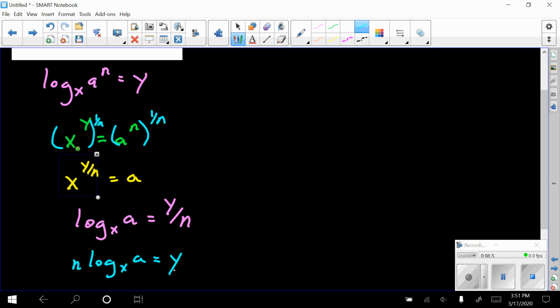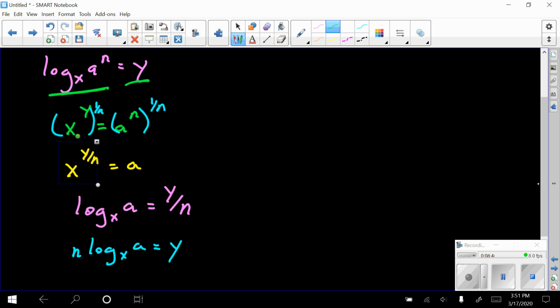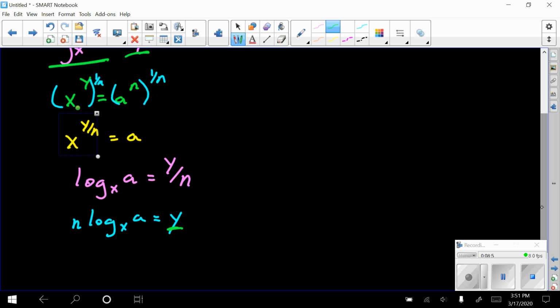And look at that. I started with the left, and that was equal to y. And now the right side from up above, n log base x of a, is also equal to y. Which means then that I have your property: log base x of a to the n equals n log base x of a. And that's your property.